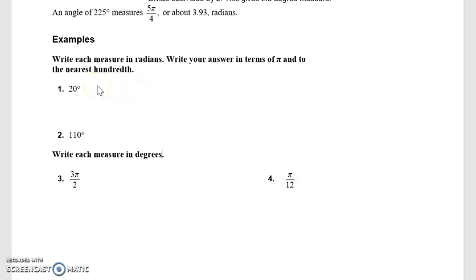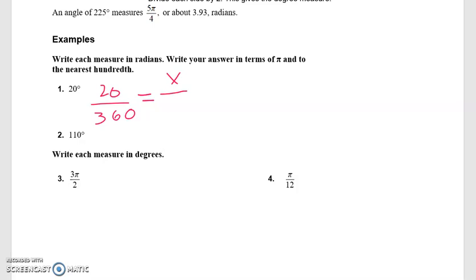Okay, so we're going to set up our proportion. So this is 20 degrees. Now remember we put degrees with degrees, so this is going to be over 360 equals, we want to know the radians, so we're going to leave that as x. That's what we're trying to find.